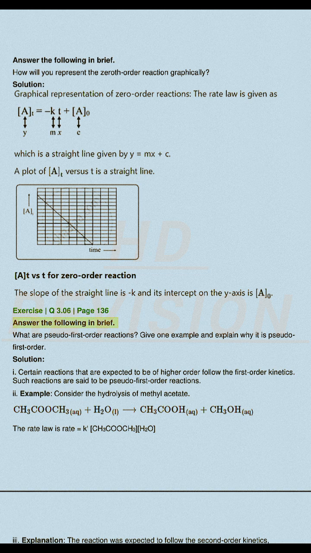Exercise Q 3.06, page 136. Answer the following in brief. What are pseudo-first-order reactions? Give one example and explain why it is pseudo first order. Solution. I. Certain reactions that are expected to be of higher order follow the first-order kinetics. Such reactions are said to be pseudo-first-order reactions. II. Example. Consider the hydrolysis of methyl acetate. The rate law is rate = k[CH3COOCH3][H2O]. III. Explanation.